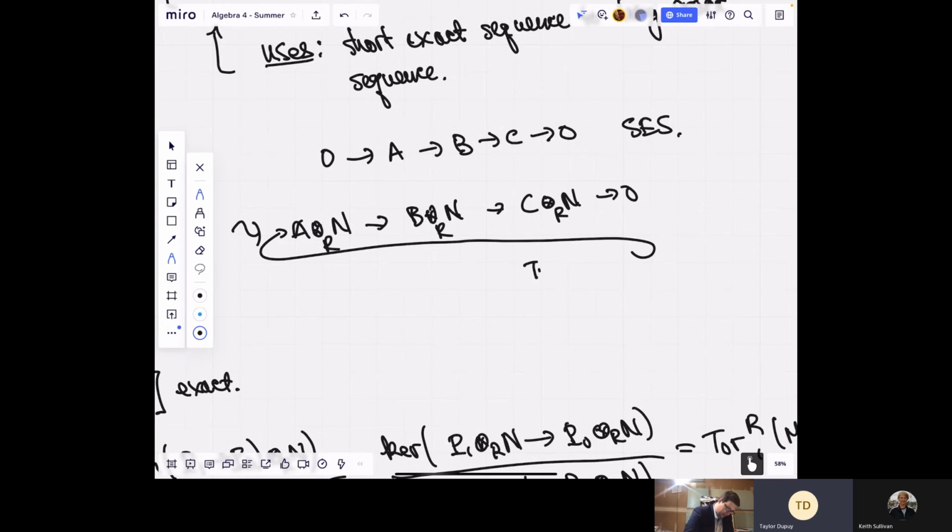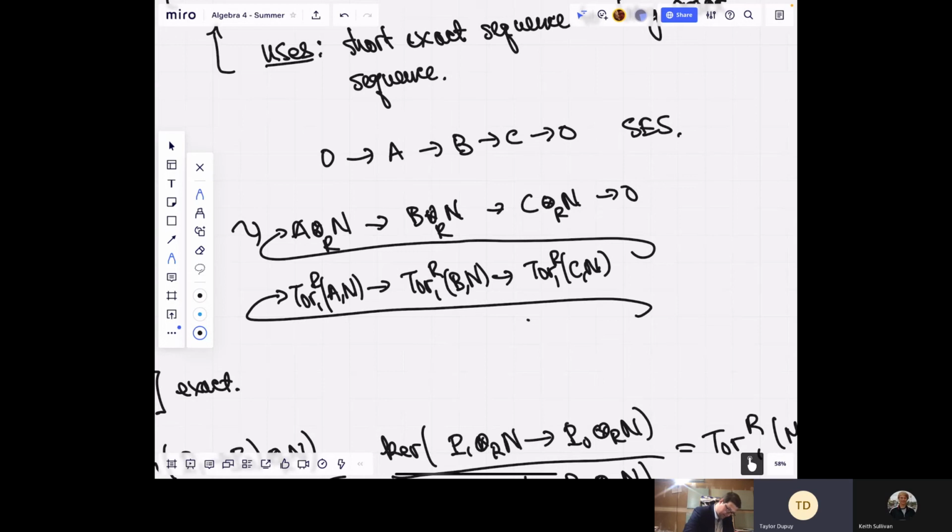And then we had Tor 1 R C N, and then we had Tor 1 R B N, and then it continued with the higher Tors, A N. And this came in and it went around, and this was Tor 2.